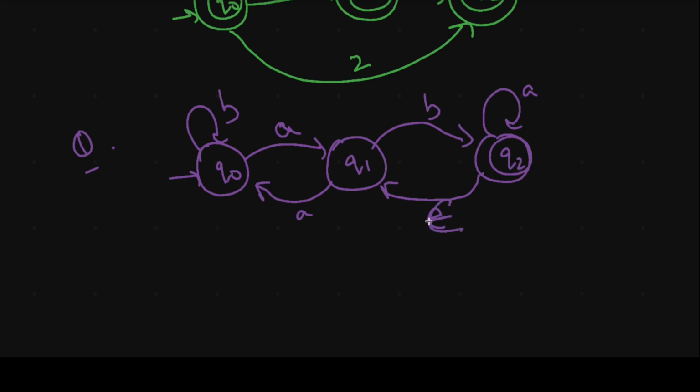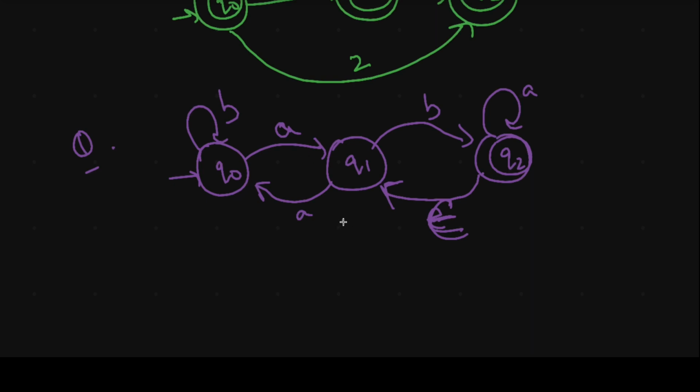Why? Because Q2 is going to Q1, so Q2 becomes our first state and Q1 becomes our second state. According to our rules, if the first state is our final state, then you don't have to make the second state final. See rule number 2.